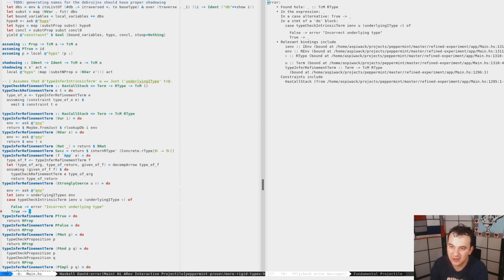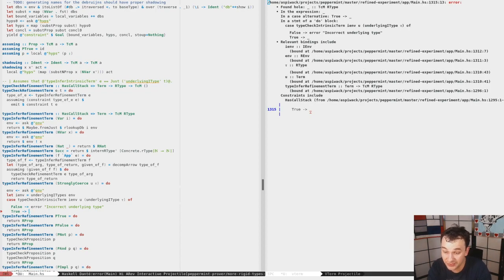That's going to be wrong. Aha. I'm going to simplify this a bit, to check this a bit. Constraint is bad. So in case it's true, here I'm going to use constraint.